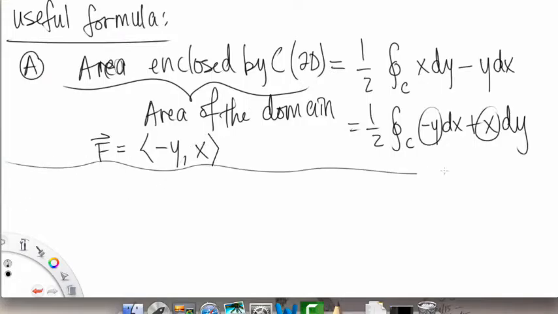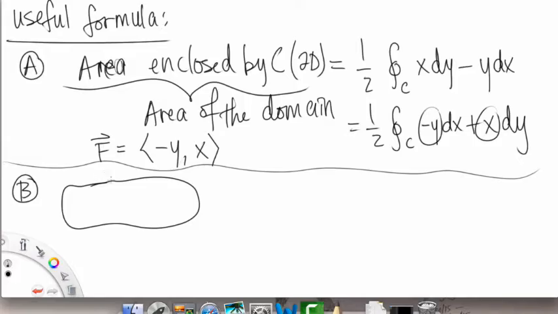So that was formula A, and then formula B, this one's pretty simple, I guess you could say. Let's say we have this entire domain D. So this is D in here, and this is the boundary of D on the outside. Now I'm just drawing out the pictures.